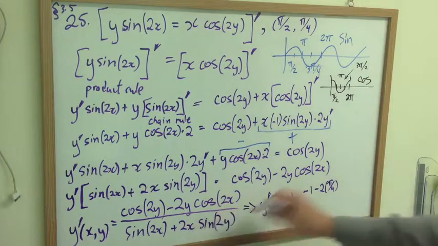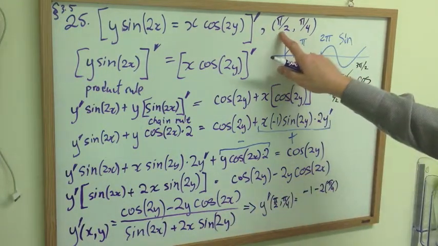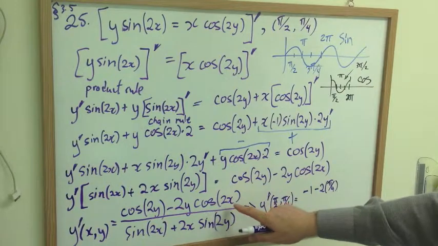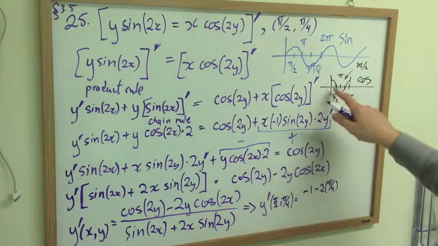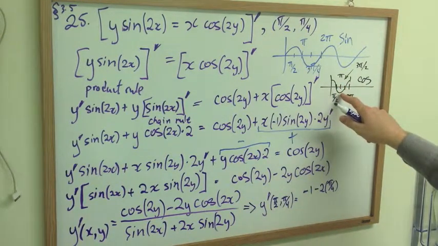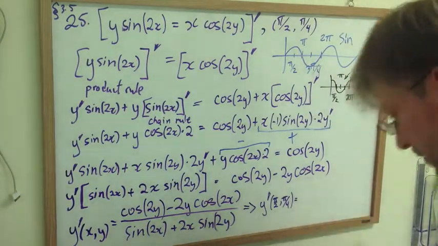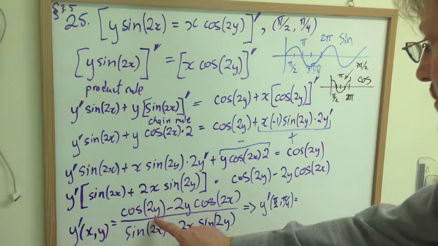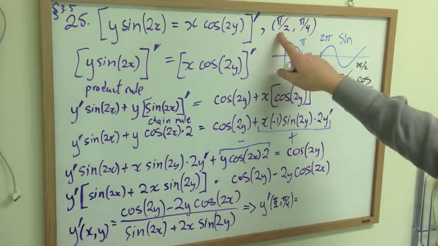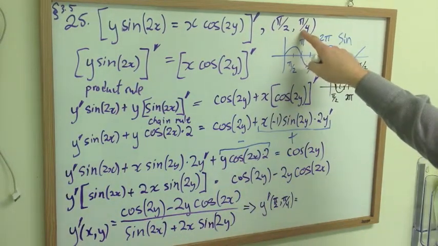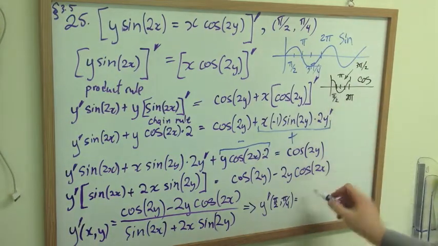Cos of 2x, x is pi over 2. Cos of 2 times that is cos of pi. Cos of pi is, wait a minute, I think I might have made a mistake. I think I did at cos of 2. Pardon me for wasting your time. Cos of 2y is cos of pi over 4 times 2, which is pi over 2, which is 0.